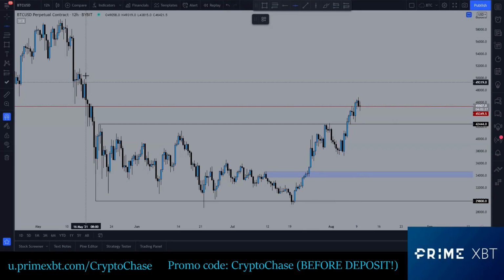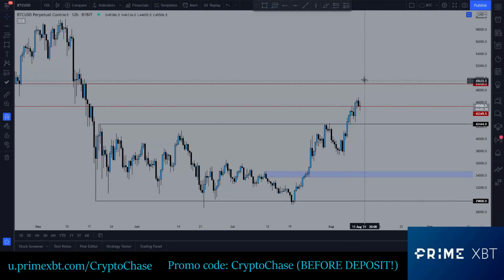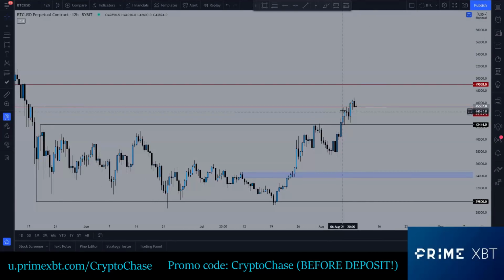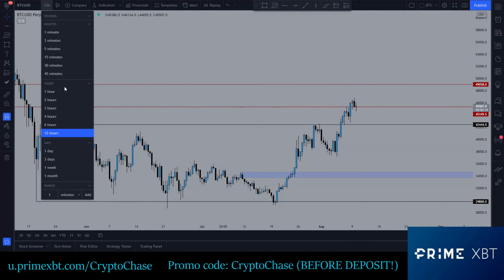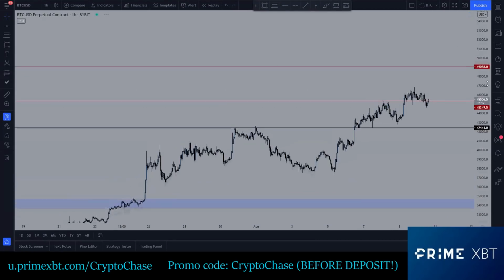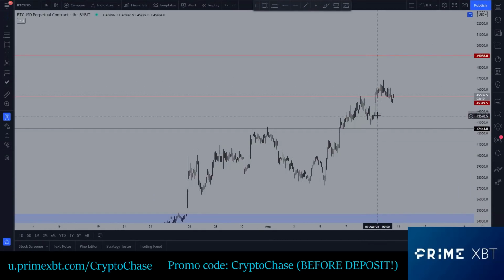Okay, so now we got the next void. If we're working into here and the next void is here, then we pretty much go straight to 49K if this isn't a deviation, which my gut tells me that this move felt a little weird.